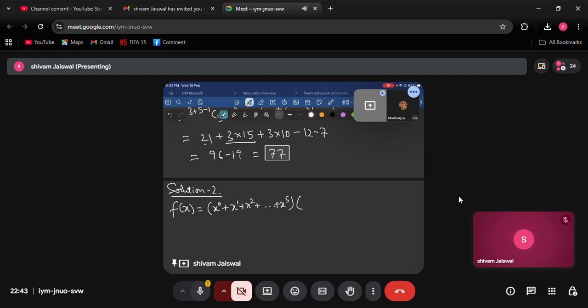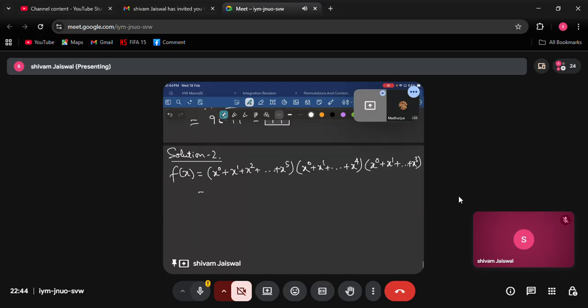Then either you will select 0 B's or 1 B or up to 4 B's. Then either you will select 0 C's, 1 C, or up to 3 C's.